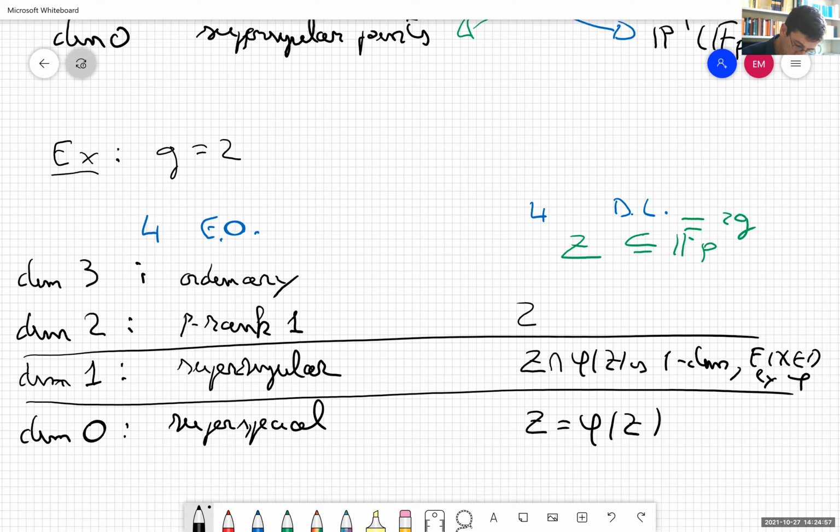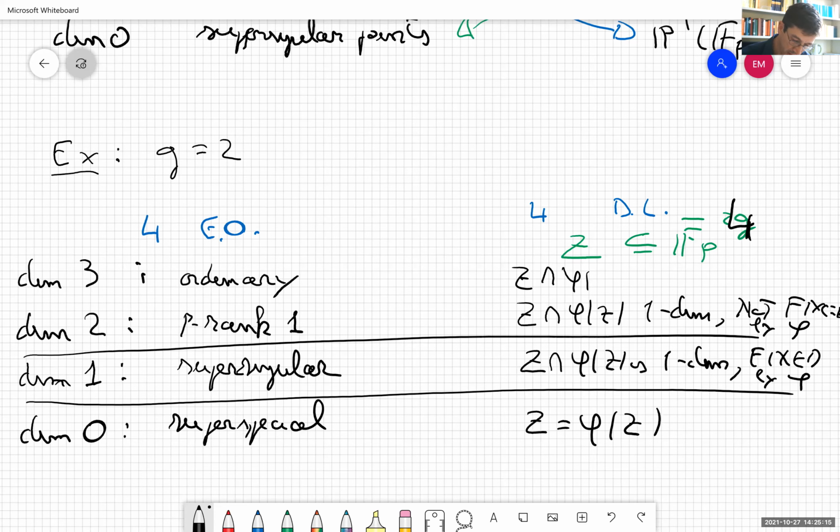Then you have the case when Z intersected with phi Z is one-dimensional but not fixed by phi. And then you have the final possibility, where Z is two-dimensional and the intersection is simply 0.